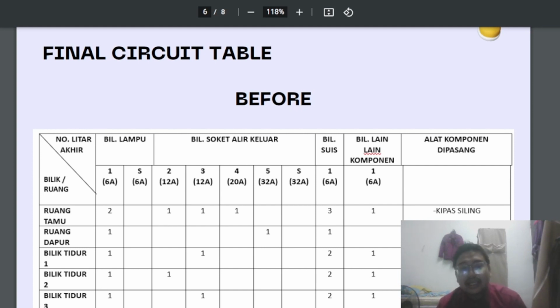And for the socket outlets, we use four socket outlets for the power circuits. There's nothing much to say about the before, but the point is the comparison between before and after.